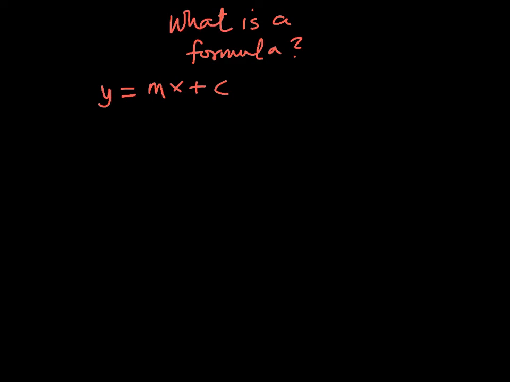Familiar? Yes. So this is an equation. This equation tells us the relationship that exists between y and x. So a formula is essentially an equation, and it describes the relationship between the different variables within that formula.